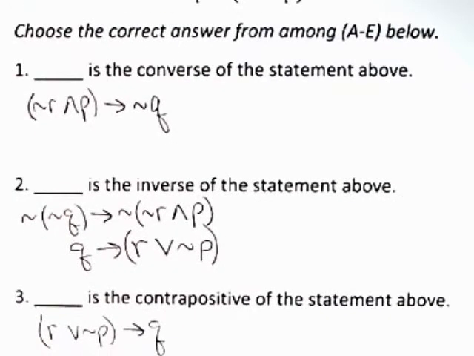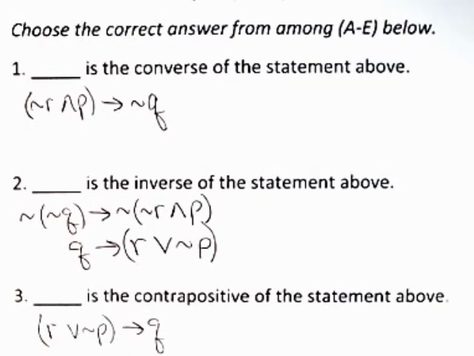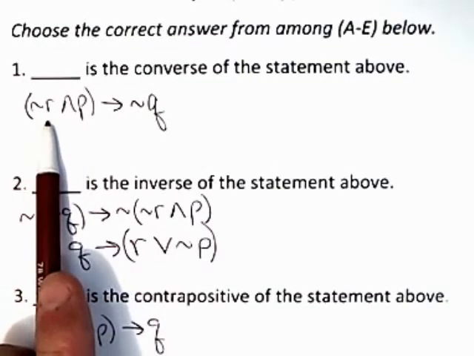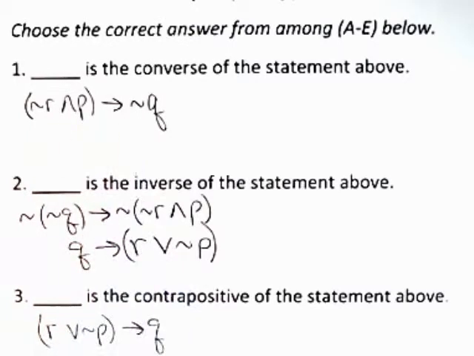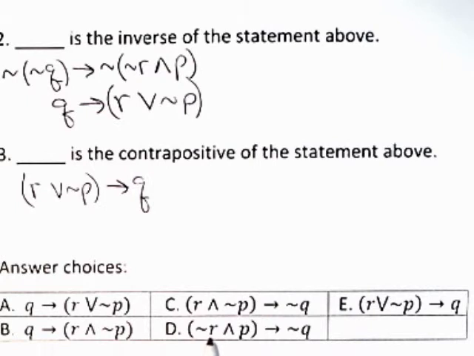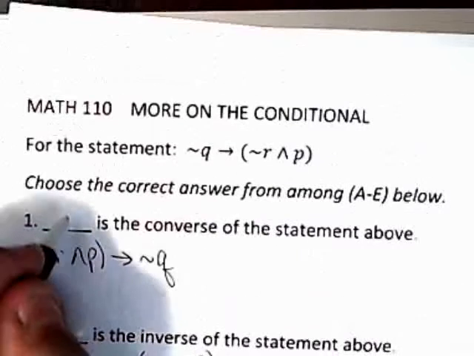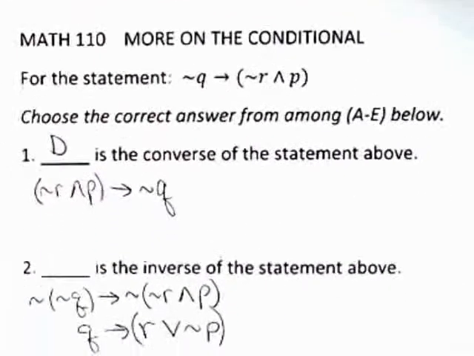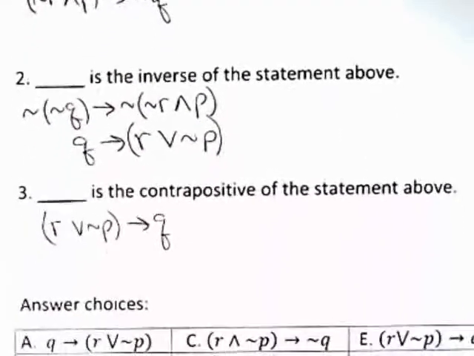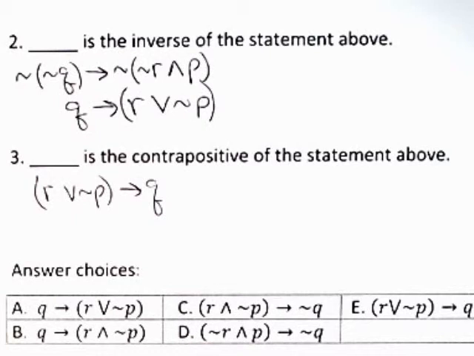Now that I've got all those, let me just show you that I could pick them out of the list. I didn't have to have the list to simplify it, but look, this not R and P implies not Q is this one, this D, not R and Q implies not Q. So that's D. And then the inverse, again, my choices are here.